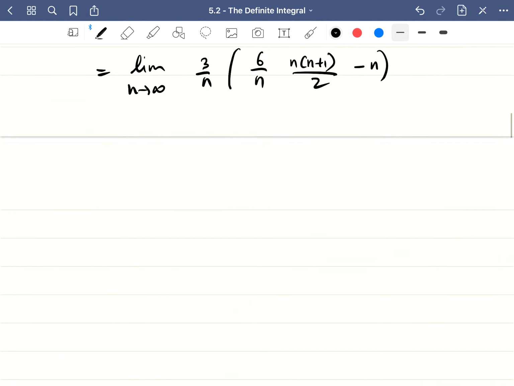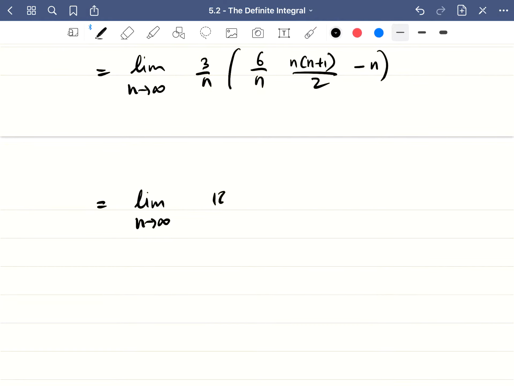So keep going. And this is equal to the limit as n goes to infinity. Now you can multiply things out. So you have 3 times 6 is 18, n times n is n squared.